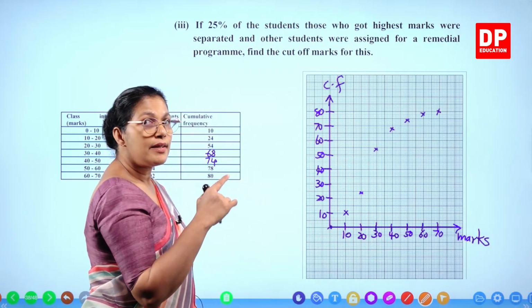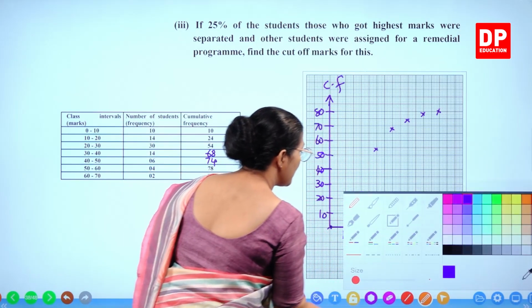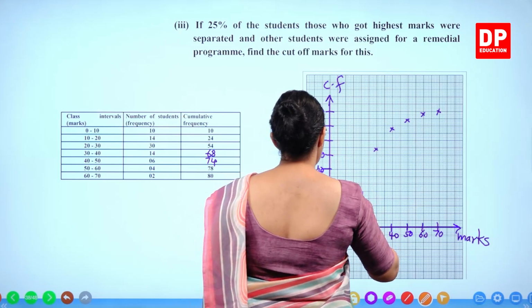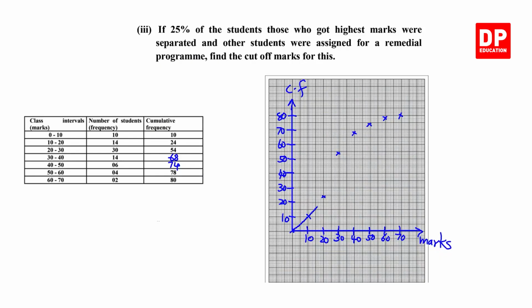So you can connect these points smoothly. That's the cumulative frequency curve.